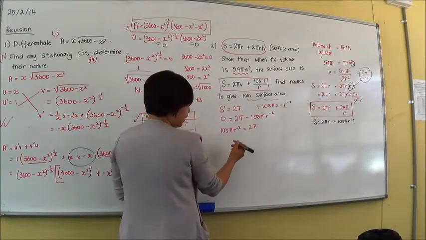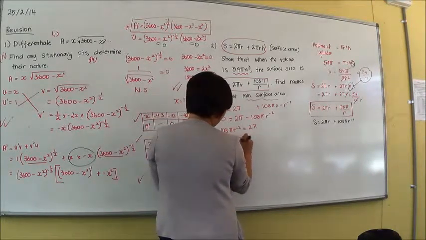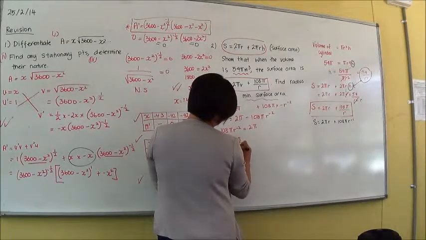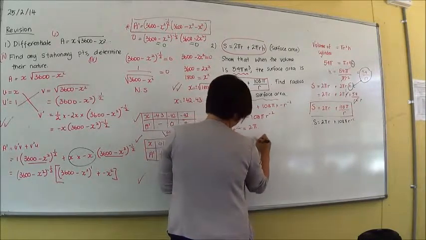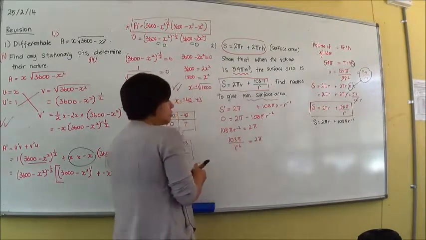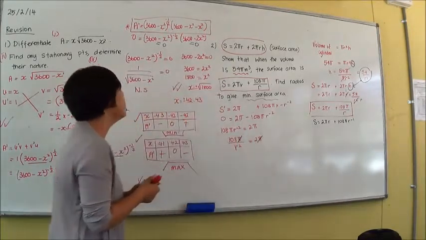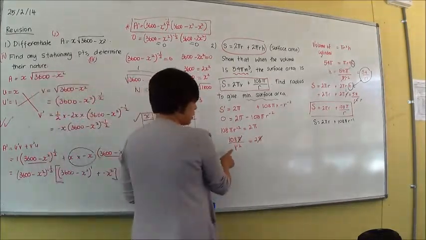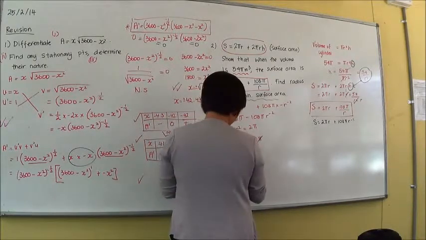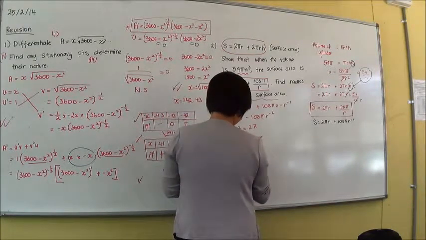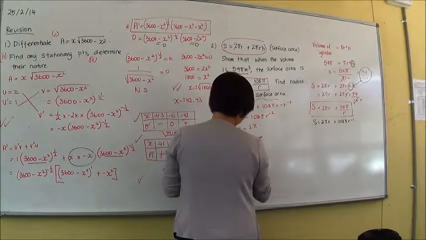That's 108 pi on r squared equals 2 pi. I'm going to cancel out the pi symbols, and I'm going to times the r squared to the other side.